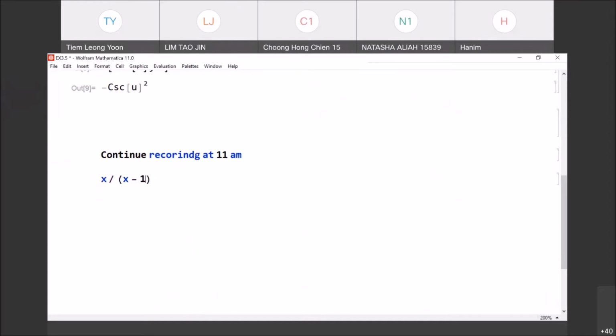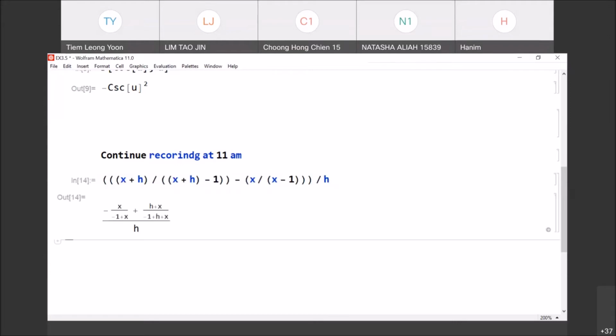Here I'm going to take the difference between two terms: this is the first term, and this is the second term, and the whole thing is divided by h. Here, instead of x, I have x plus h, and here, instead of x, I have x plus h. So that is the expression that I want to simplify using Mathematica.